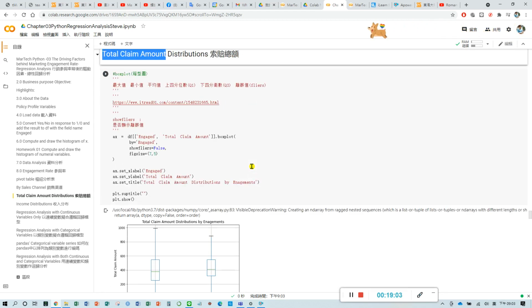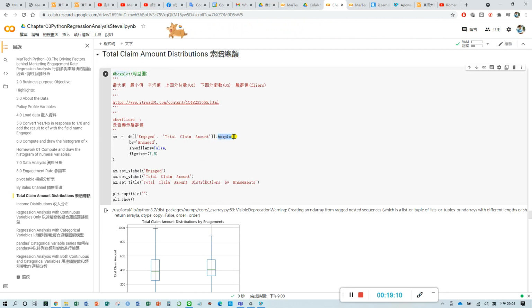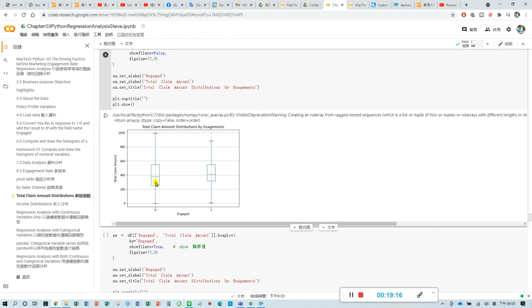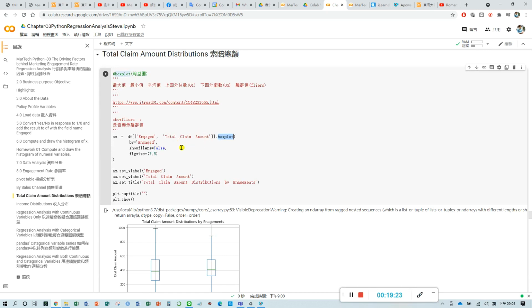But for the total claim amount, we use the box plot, to see the average for each one. Let me explain. We show the X with engaged and the total claim amount.